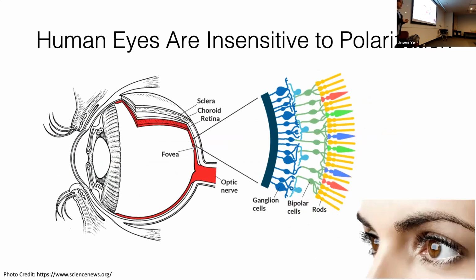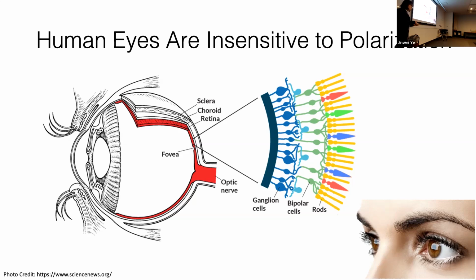But our human eyes are not capable of seeing polarized light, because in our retina we only have cells that are sensitive to brightness and color. So it's very hard for our human vision system to make use of polarized light.